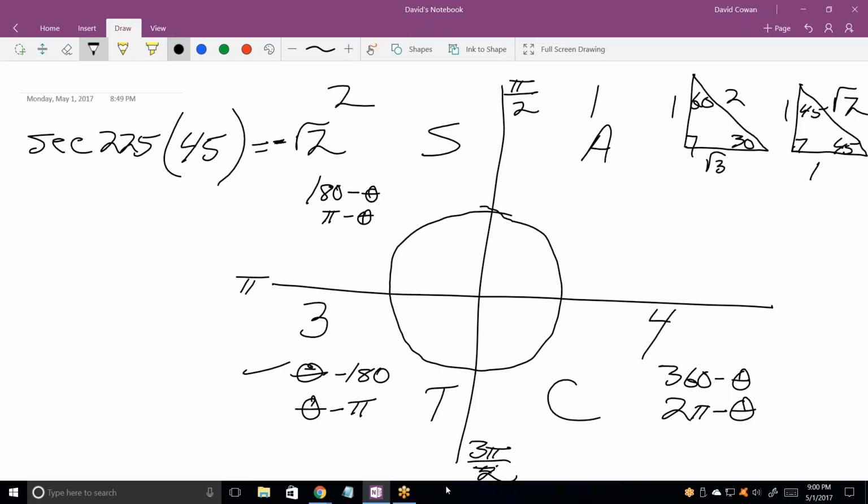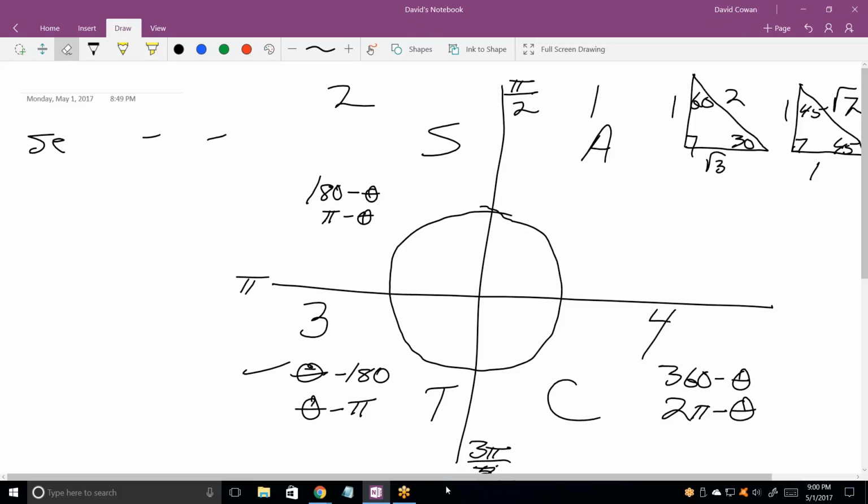Again, that's the steps I use every single time. I never put the minus first. Always figure out the number first, then I figure out the quadrant and what its plus or minus sign should be, based on All Students Take Calculus. Now, if you're looking to memorize anything in trig, memorize everything you're looking at on the page right now.